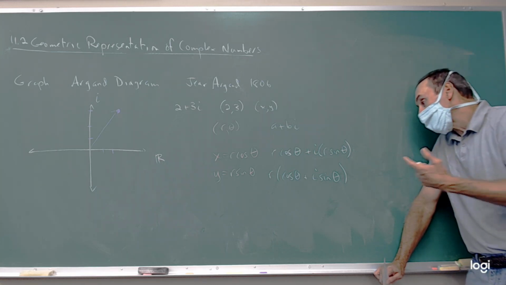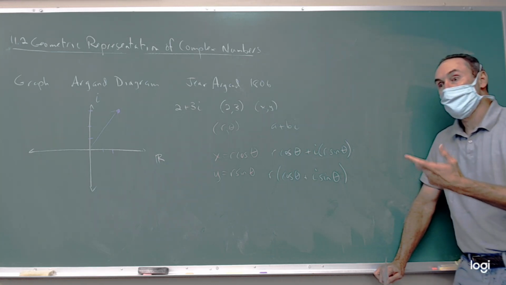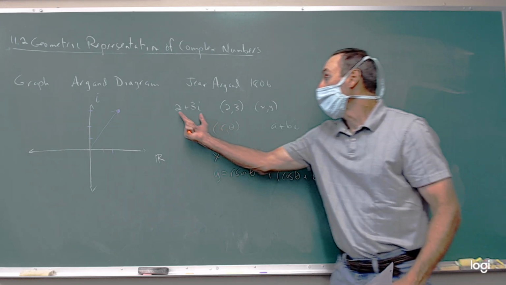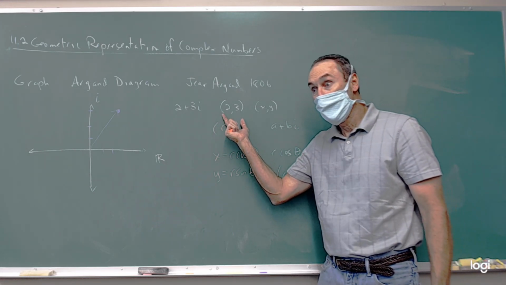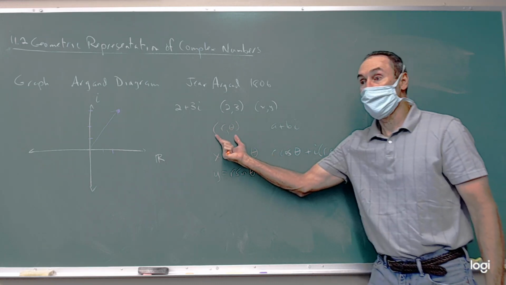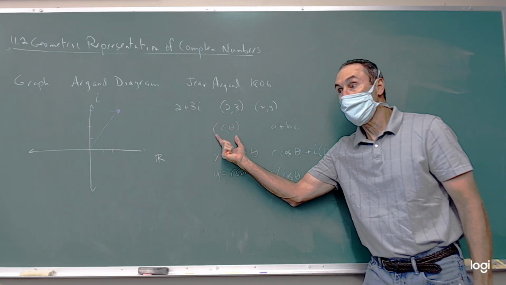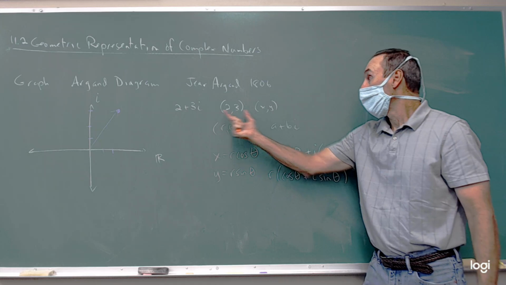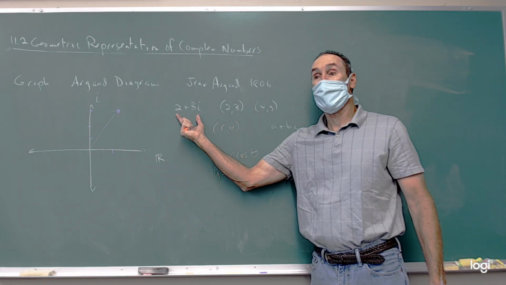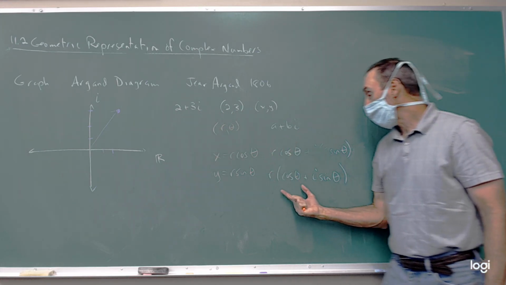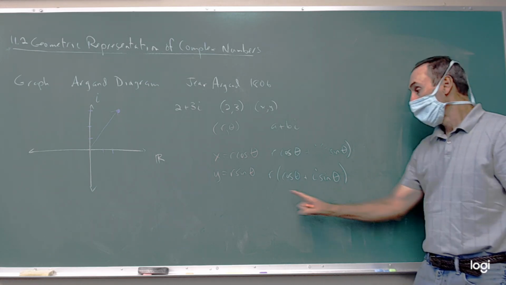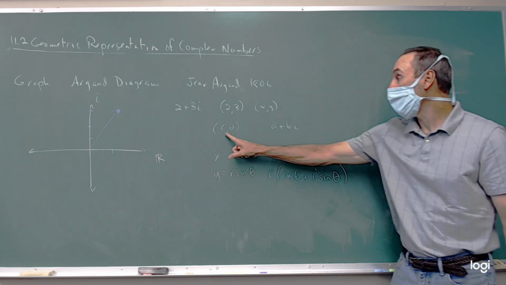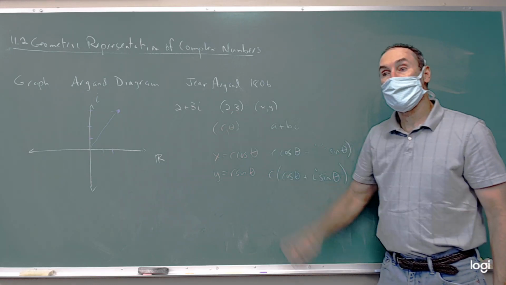So any complex number, any rectangular coordinates we talked about last time, could be written as r and theta in polar form. Any complex number, 2 plus 3i, or a plus bi, can be written as r times cosine theta plus i sine theta for the right choice of r and theta that go with that ordered pair in rectangulars.